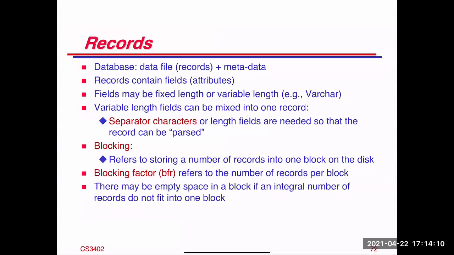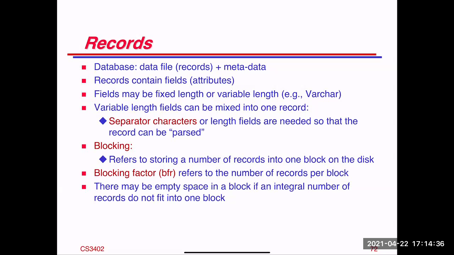So we also talked about records and how they're stored, right? So you can think of your data file as like a sequence of records, and maybe some metadata. And each record, you can think of it as like a tuple in your table. So each record will contain some fields, and the fields may be of fixed lengths or variable lengths.